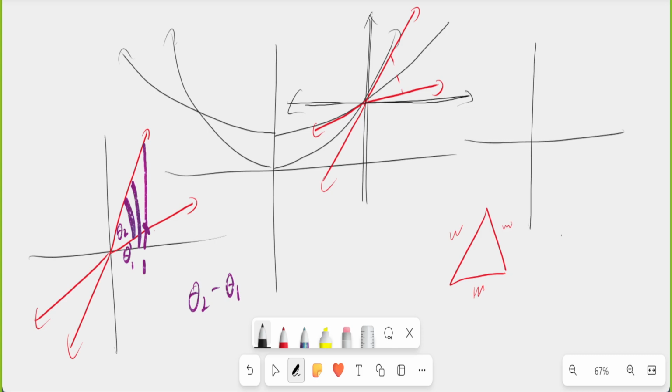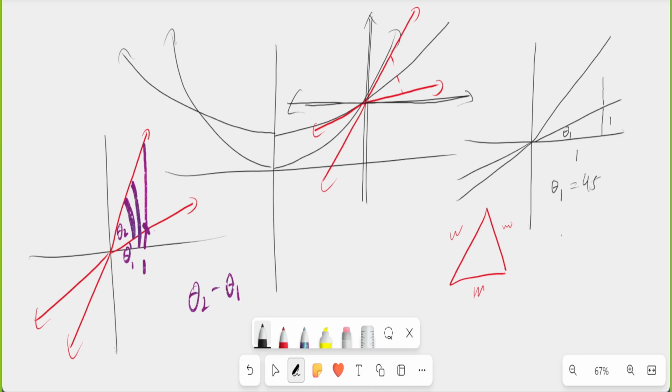Here, let me do a better drawing. So we have two lines, right? Let's say this is 1 and this is 1. Obviously it's not to scale. And that's theta 1. You can use your calculator: what's inverse tangent of 1? We actually know that, it's 45. I'm just making this up.